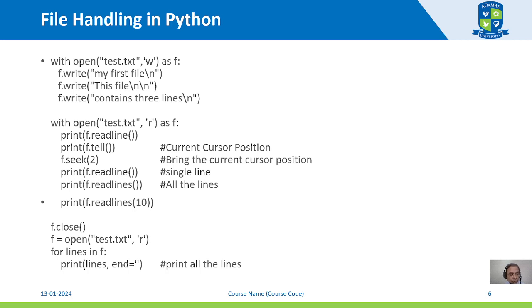So it will be a buffer, meaning test.txt is stored somewhere, and this buffer is trying to read from the file and will give us the output in the output stream. So for lines in f, print lines, end equal to single quotes open and close. It will print from the first line to the last line.